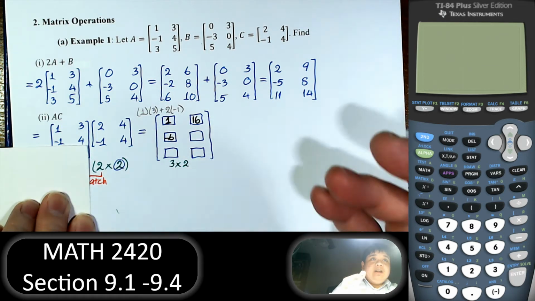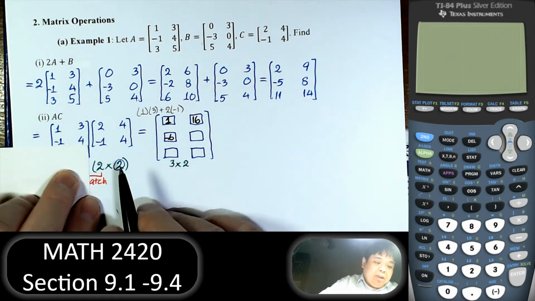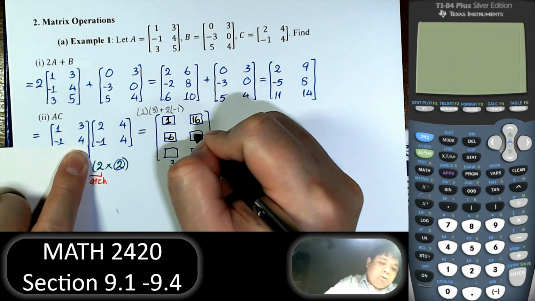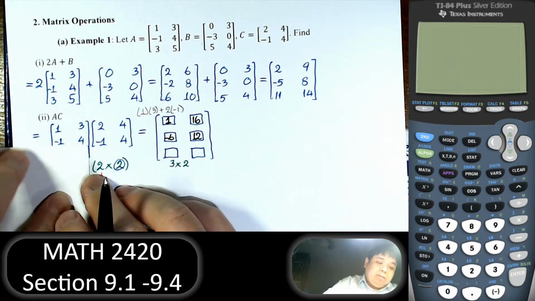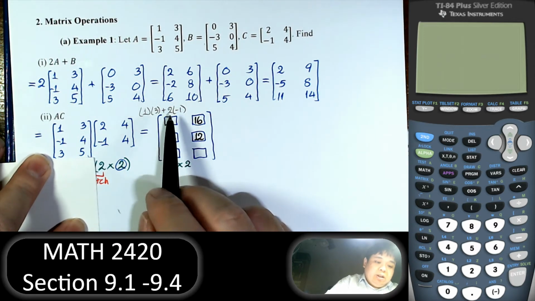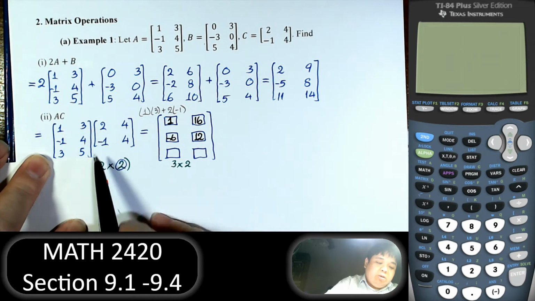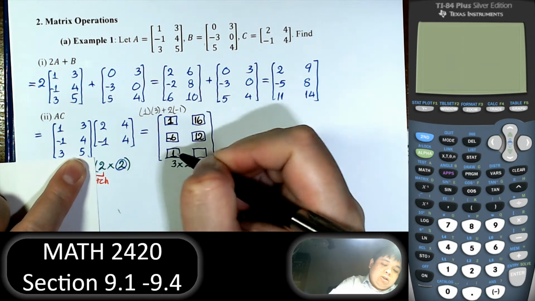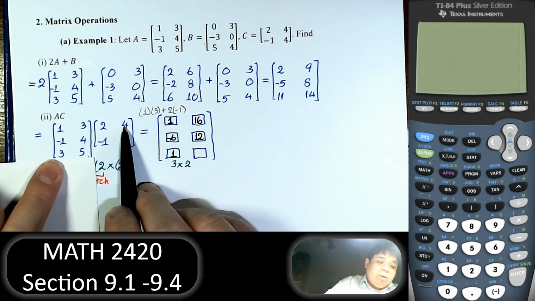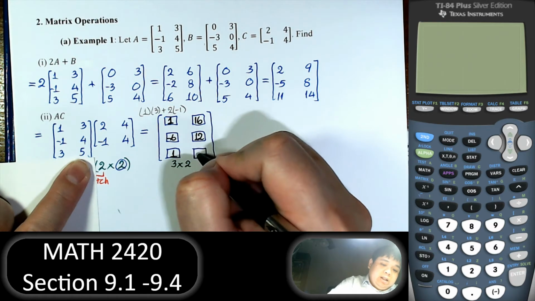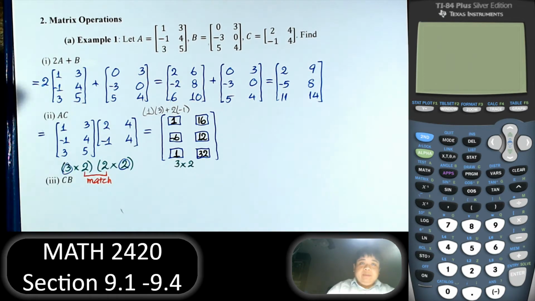They have to have the same number of elements. Negative 1 times 4 is negative 4. 4 times 4 is 16. That gives us 12. And finally, this one on the last row, third row, first column. 3 times 2 is 6, minus 5 is 1. 3 times 4 is 12. 5 times 4, 20, 32. Right. So that's what we do by hand.